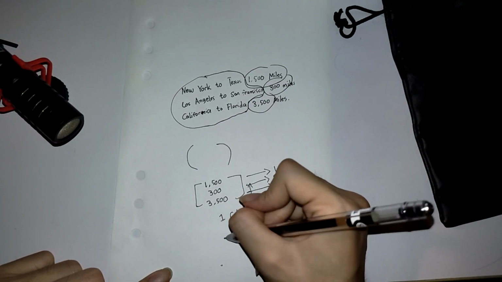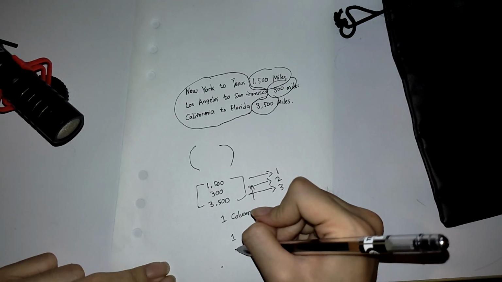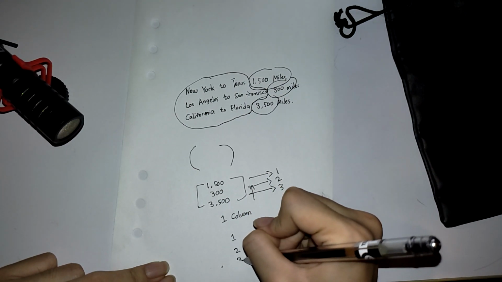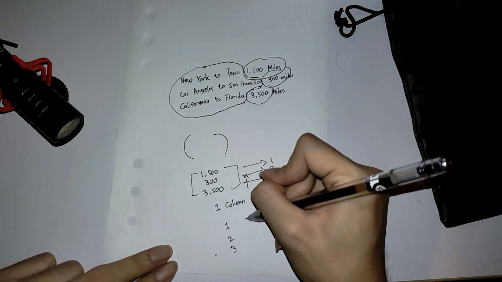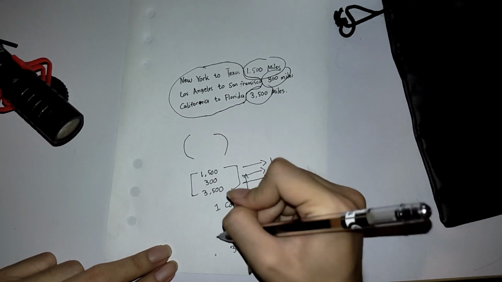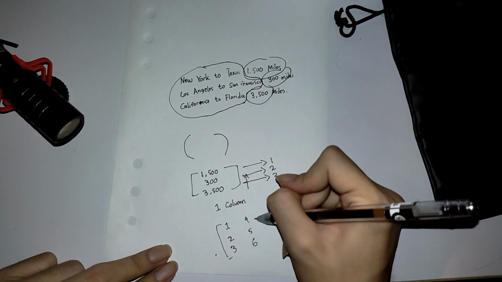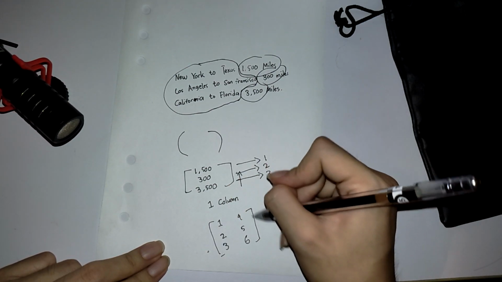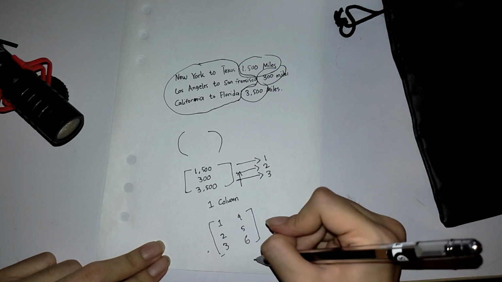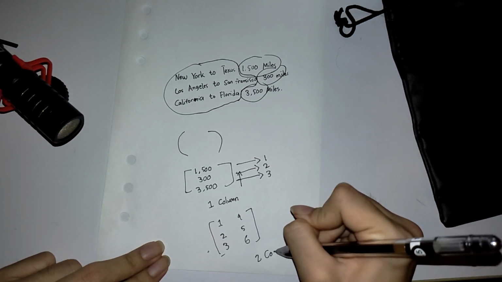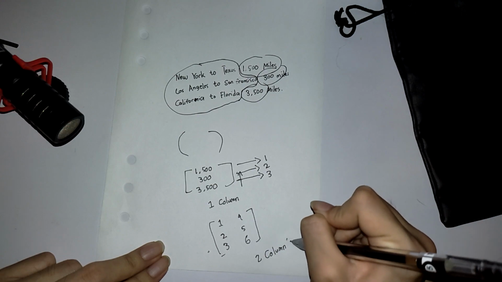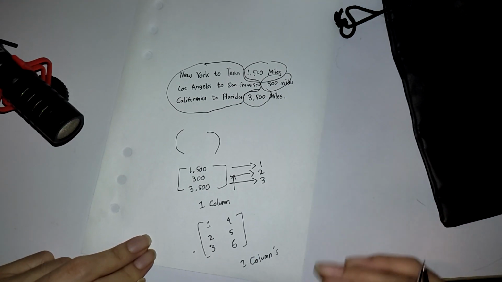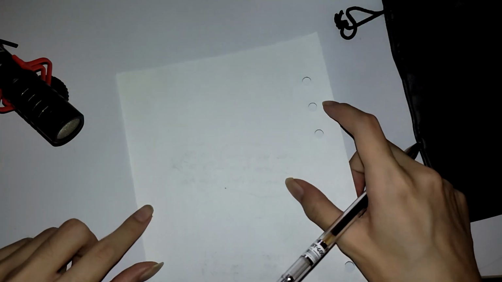So let's say there's a couple of numbers, like this, maybe 1, 2, 3, 4, 5, 6, for example. Now this means there are two columns because there are two separate lines of numbers. Simple as that.